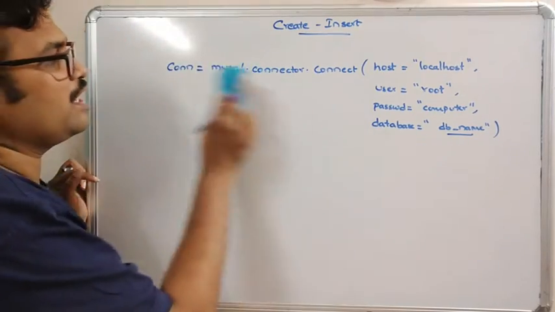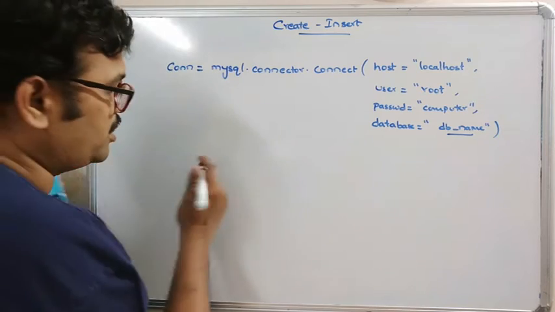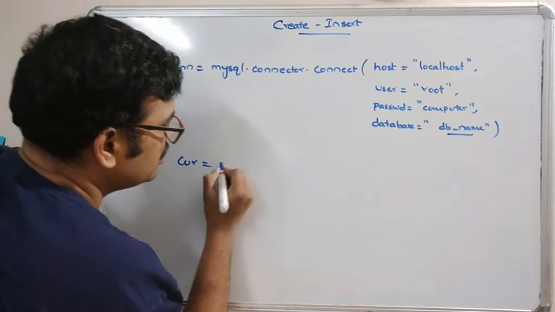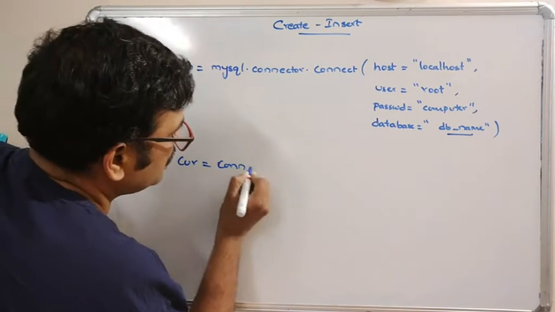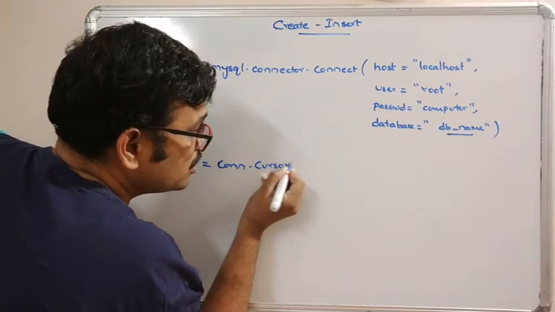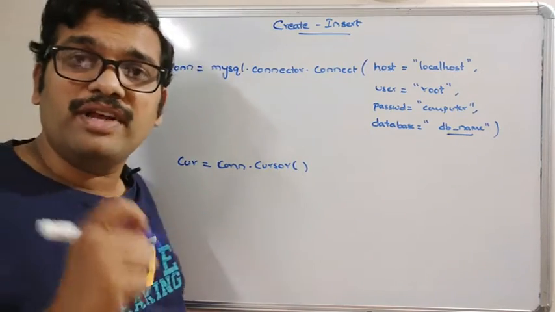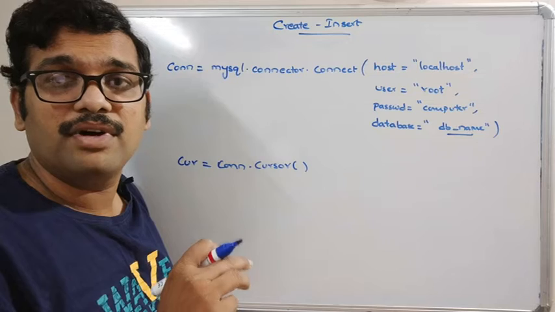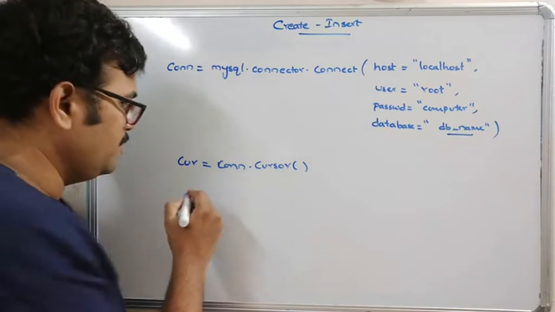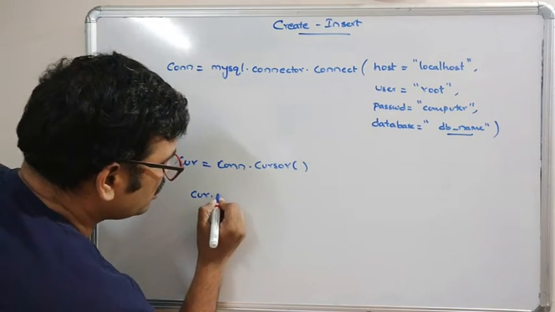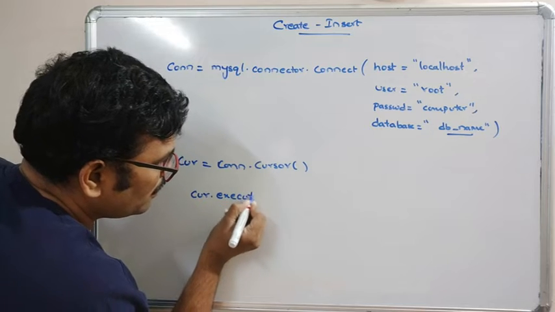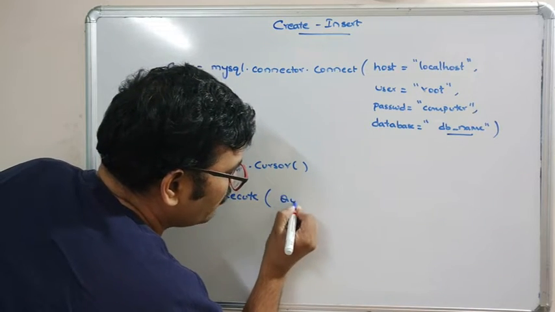After creating the connection, we need to create the cursor object. For the cursor object, we go with connection.cursor, because all the queries should be executed with the help of the cursor object. Then cursor.execute, and here we need to write the query.